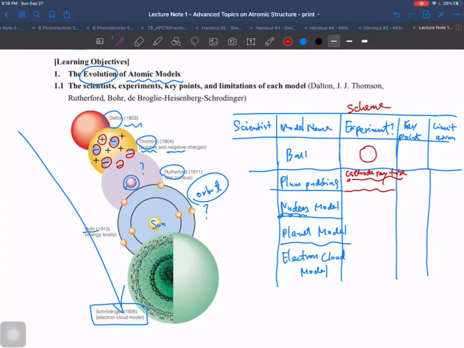Okay, I think you guys are clear about this assignment, and you can also pay attention to the scientists who made the contribution, like Dalton, J.J. Thomson, Rutherford, Bohr, de Broglie, and Heisenberg, Schrödinger, because the last three, and including a few others like Bohr, all made a contribution to the electron cloud model.